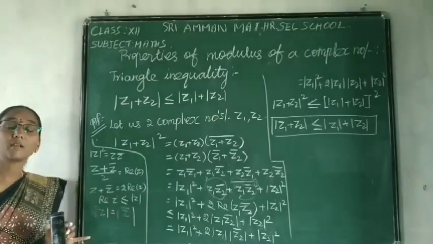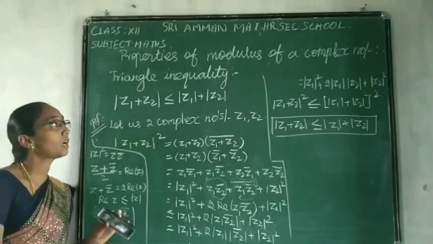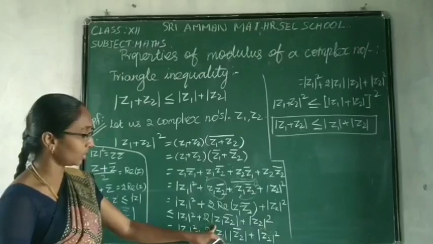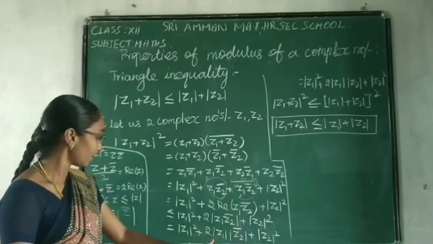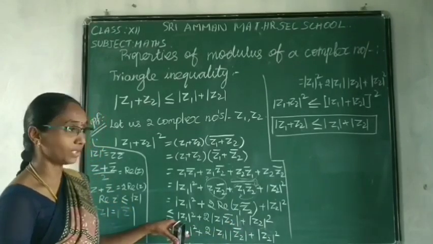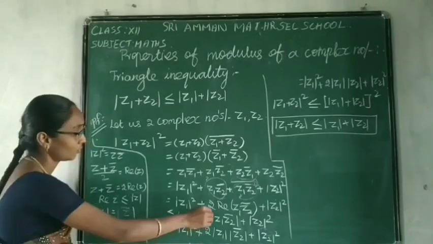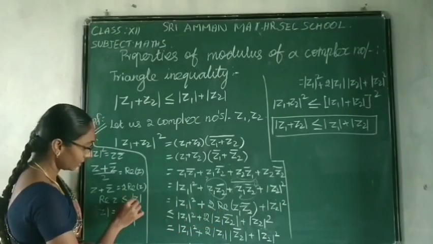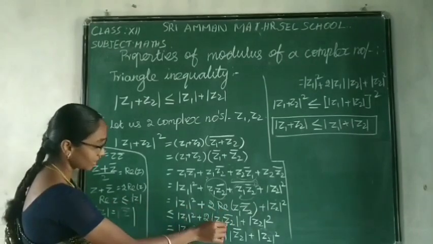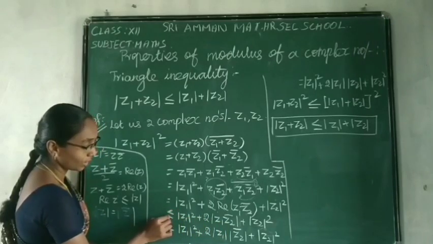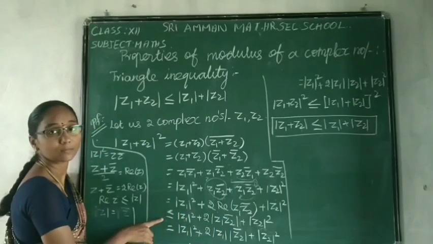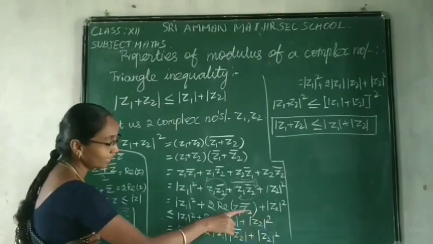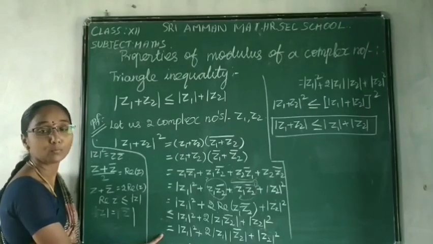This is the seventh property of the modulus of a complex number. So using this, 2 real of z1 z2 bar is converted to 2 modulus of z1 z2 bar, and the less than or equal to symbol comes in this place. Next, this value is equal to, so only here I put equal to.